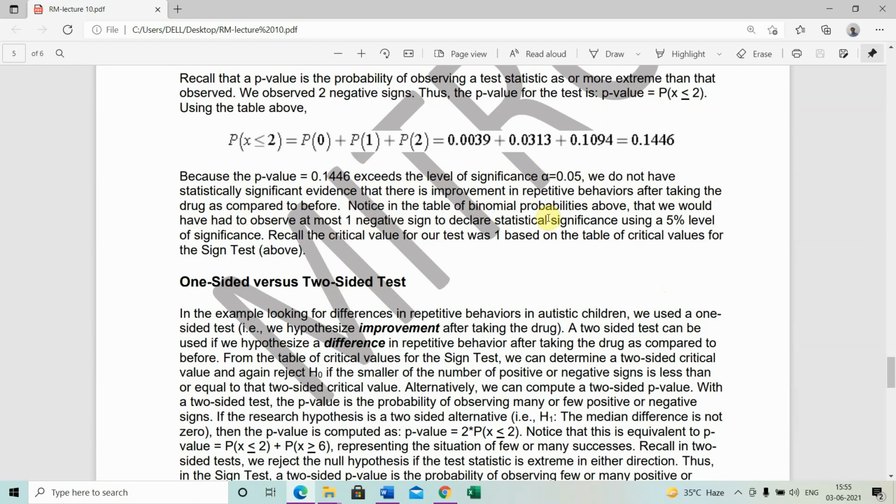Notice in the table of binomial probabilities above that we would have had to observe at most one negative sign to declare statistical significance at the 5% level of significance. Recall the critical value for our test was 1, based on the table of critical values for the sign test.